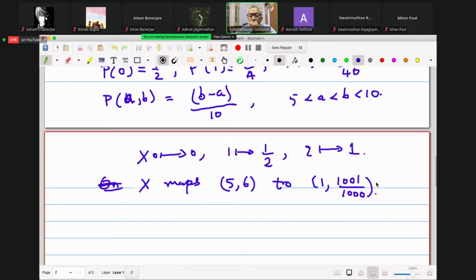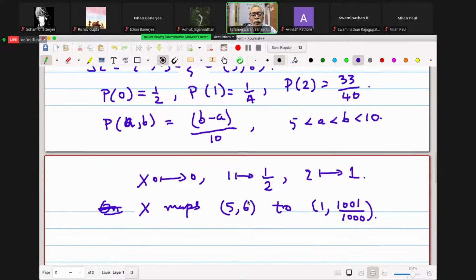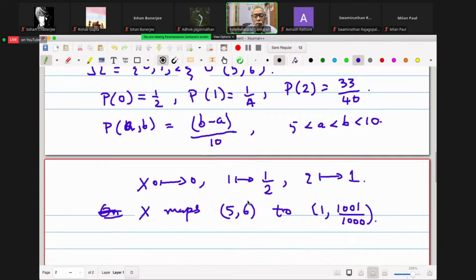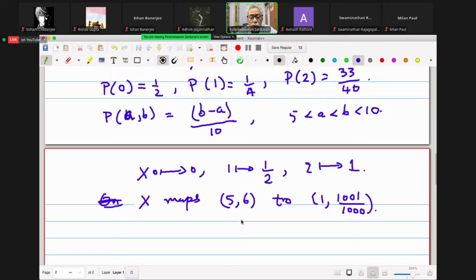Yeah, 100 times. Okay, so this maps like this. There's a limit speed at which it is described. One could do this.